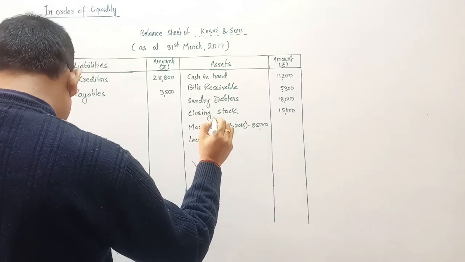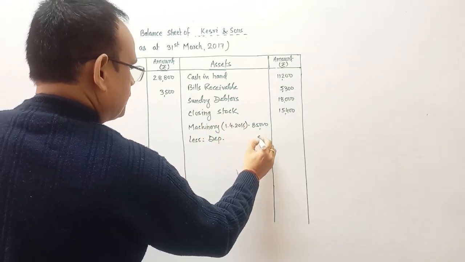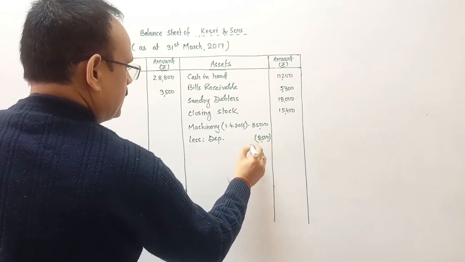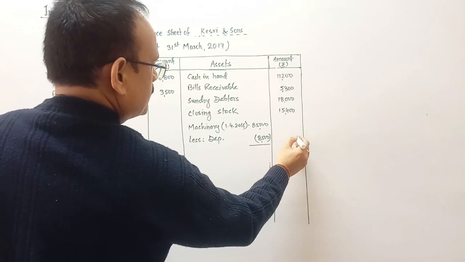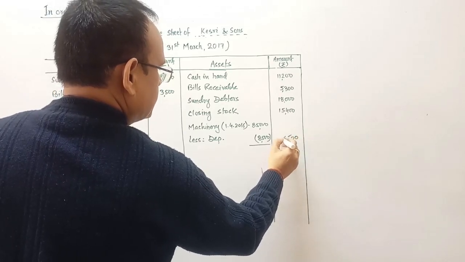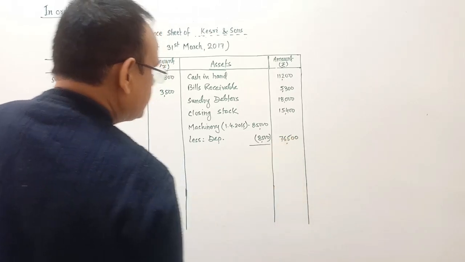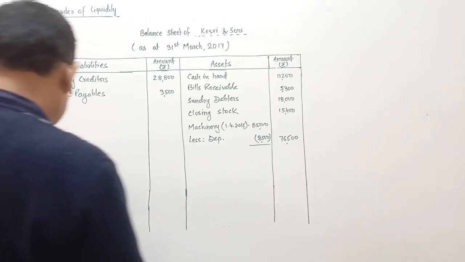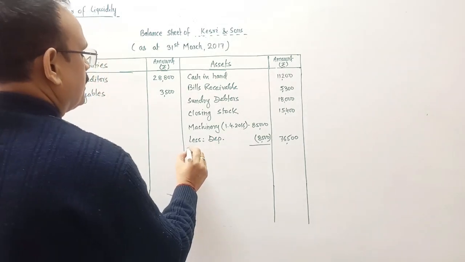Depreciation during the year is 8,500. So deduct this and write the amount in the outer column, 76,500.